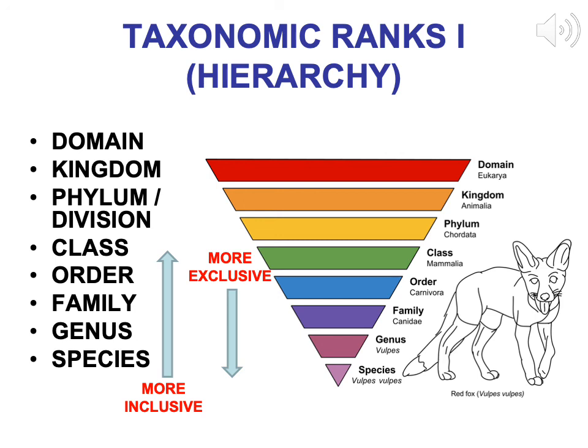If I go all the way down the bottom there, I see that fox is a particular species, and it is way, way down at the bottom there. It's a highly exclusive group.